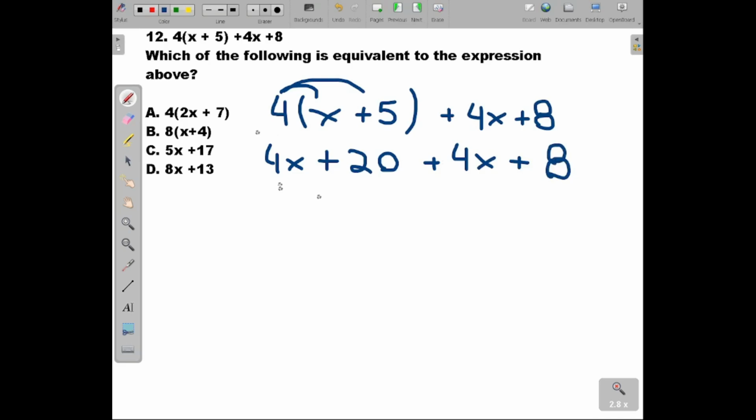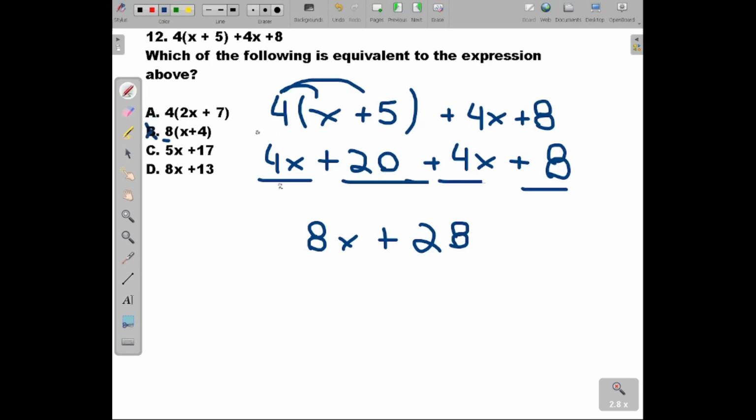Now we have similar terms. 4x is 20 plus 8. We have to add them. So 4 plus 4 is equal to 8x plus 20 plus 8 is 28. We have to factor. What about 8?